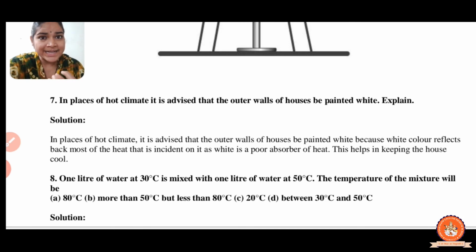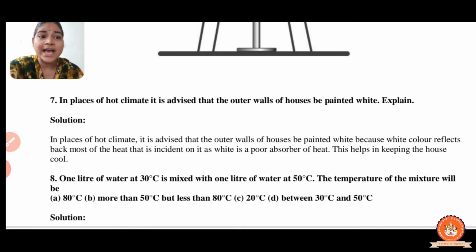The light color absorbs less heat, it means it reflects most of the heat that is incident on it, as white is a poor absorber of heat. So we can say that white color is a poor absorber of heat and black color is a good absorber of heat, right?